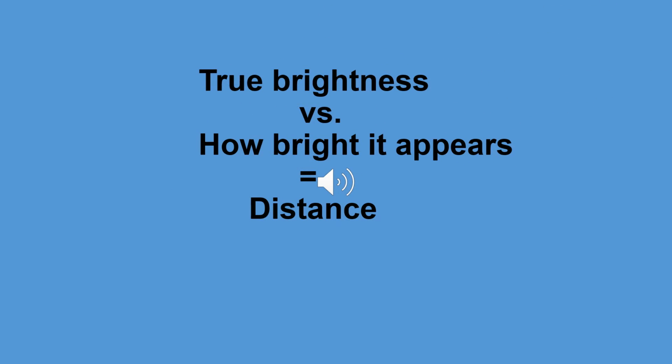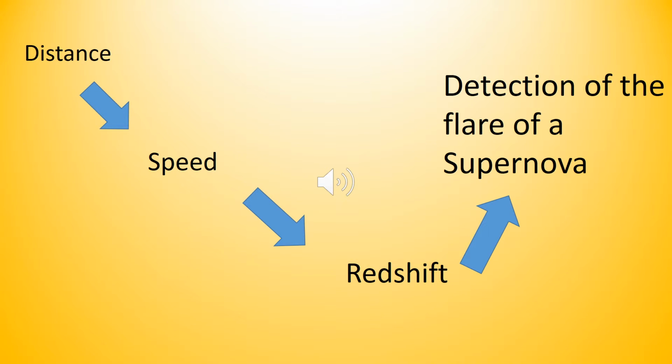By comparing a star's true brightness to how bright it appears, astronomers can calculate the distance. Then, with the distance, astronomers can measure how fast the star is moving away from the Earth by measuring its redshift. With this redshift, scientists can detect the flare of a supernova.